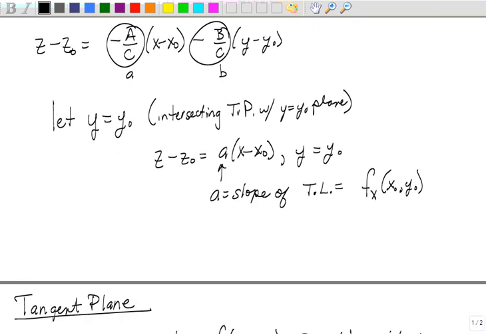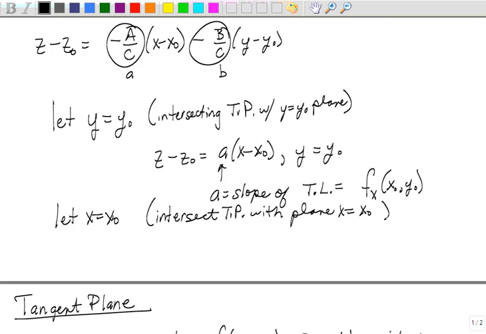And then we can also let x equal x0, so we're intersecting the tangent plane with the plane x equals x0, and we get a line. When you intersect two planes, you get a line. So here we're going to get this.